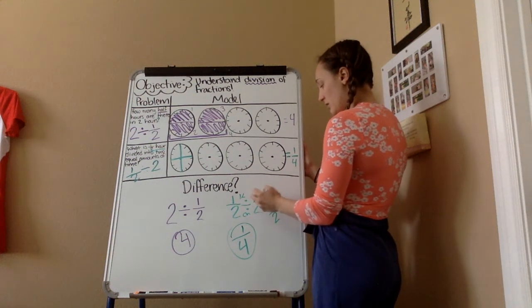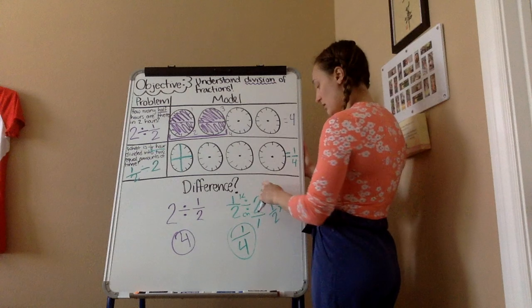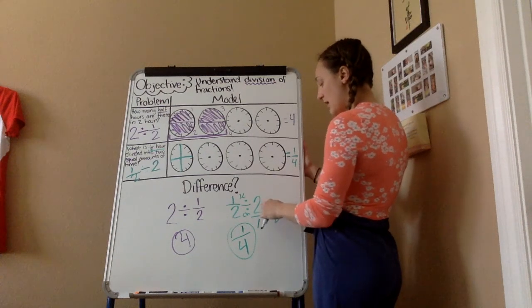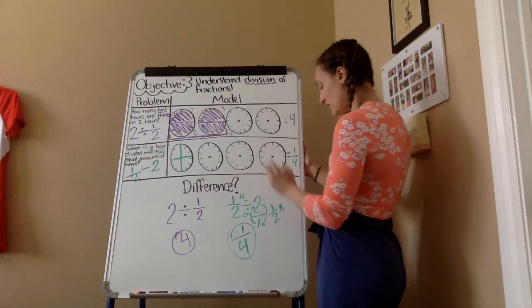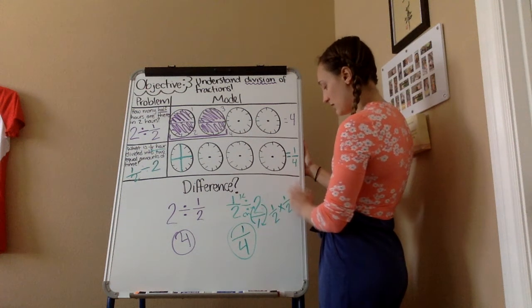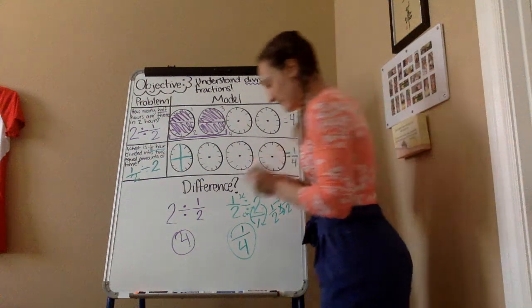And I am flipping. Remember, whole numbers, you put them over 1. I drew that arrow wrong. I apologize. And I am flipping this number to also equal 1/2. Multiply straight across, and oh, look at that, 1/4. Okay, so that one's correct.